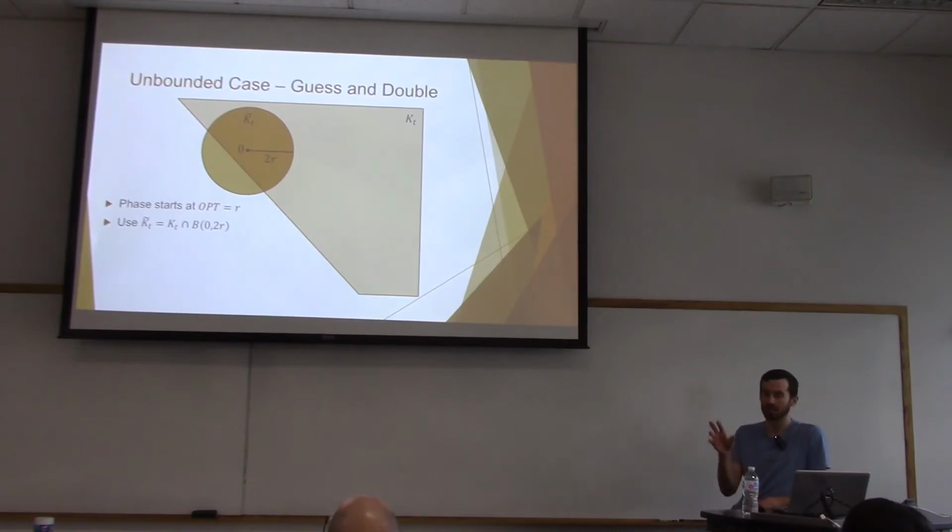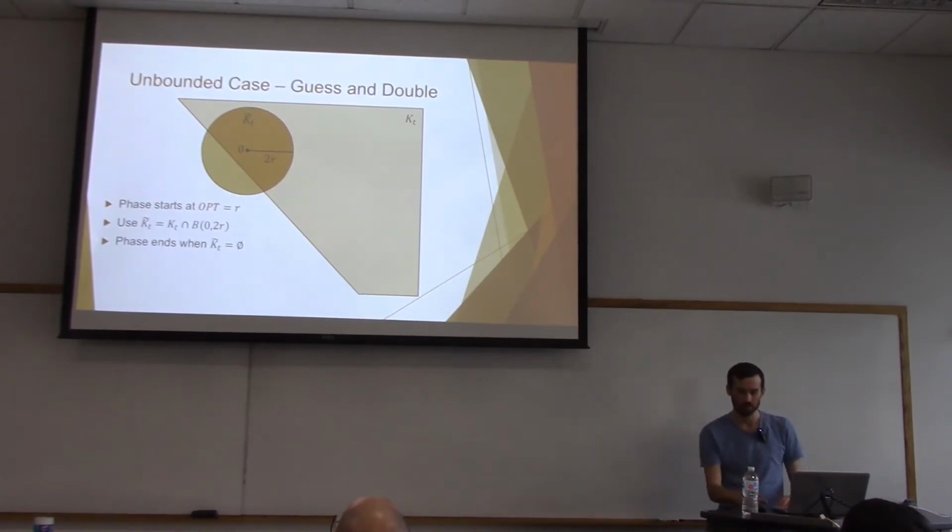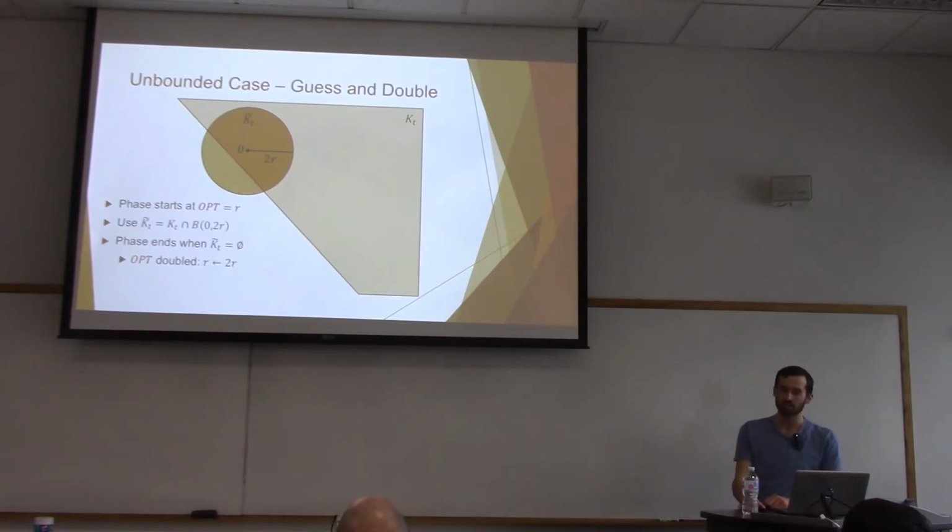And I'll just play the intersection of my feasible set with this restricted ball. And I'll run this until I get an empty intersection between this bounding ball and the feasible set. At the point when I do this, the optimal algorithm has to have moved outside that ball. So it for sure paid at least 2r. And I can safely assume that the cost of the optimal algorithm has now doubled.